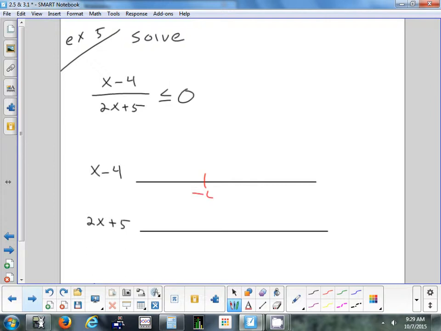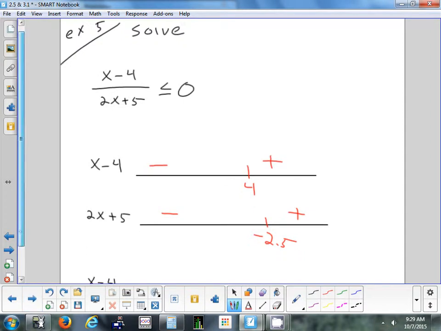So mark your 0, negative 4, negative 2.5. To the left of negative 4, that's negative. To the right is positive, negative, positive. Positive 4, take away 4 is 0.